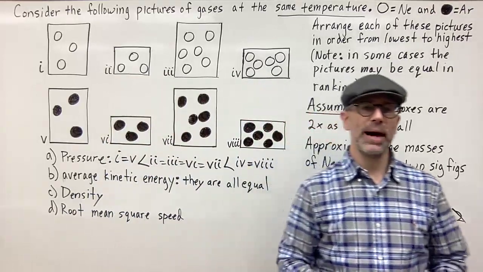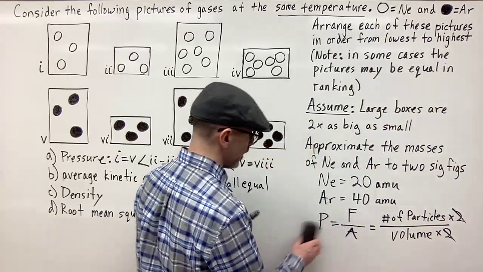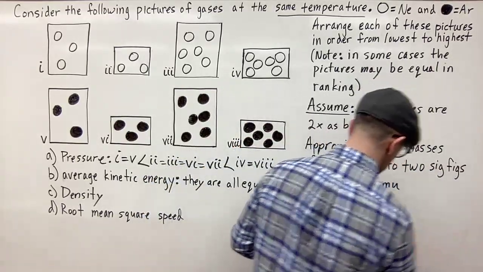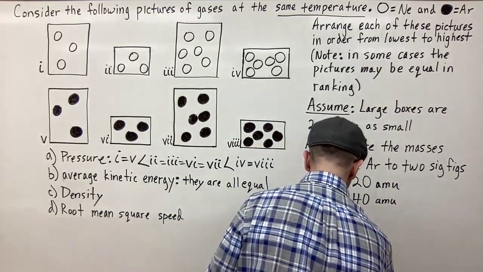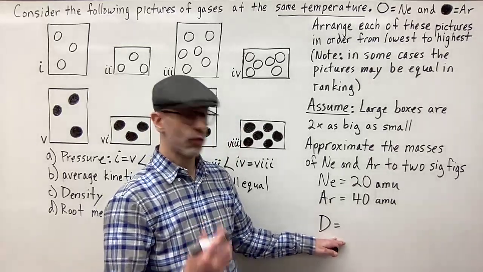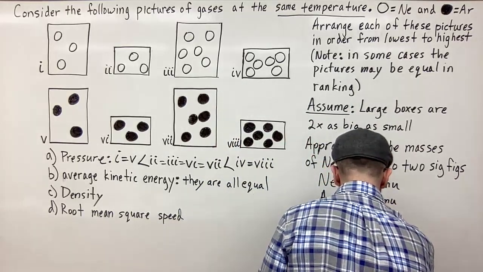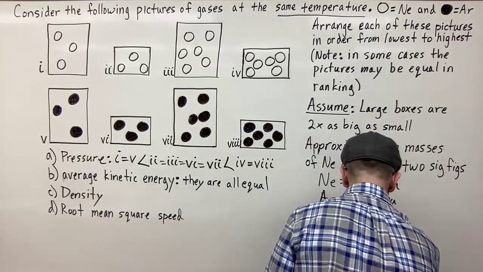Okay, now what about density? So density, same thing as pressure, right? So what's density? Density is equal to the mass over the volume, mass per volume.